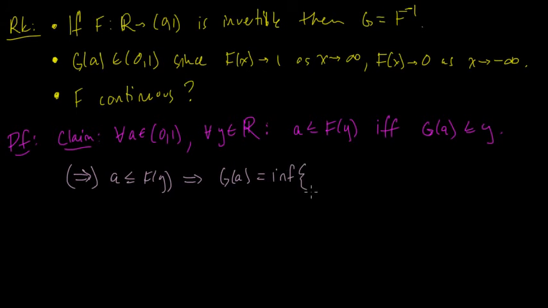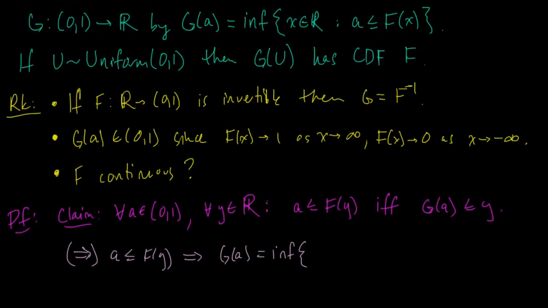It's this infimum of this. Remember, it's this infimum over all real numbers x such that a is less or equal to f of x. And we'd like to say this is less or equal to y. This is very simple, because it turns out that y is actually a member of this set. y is in this set because a is less or equal to f of y by assumption.